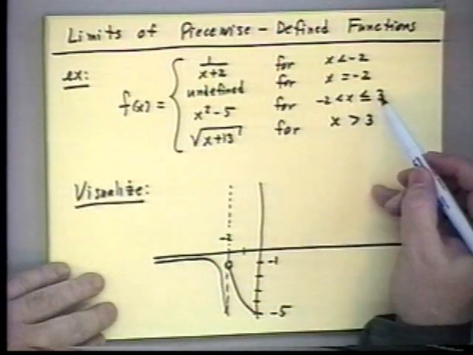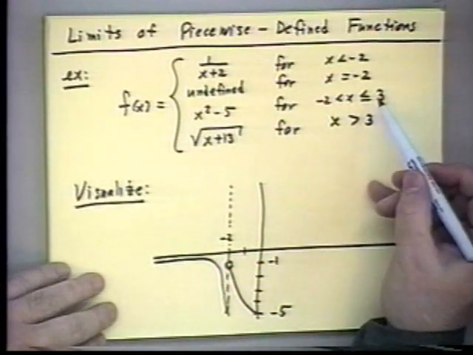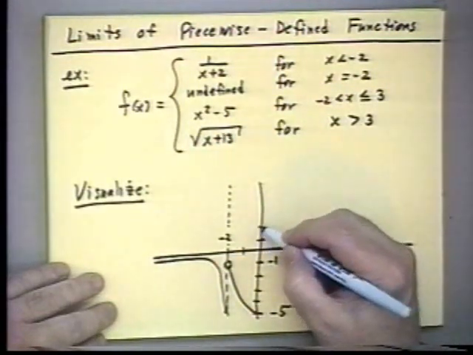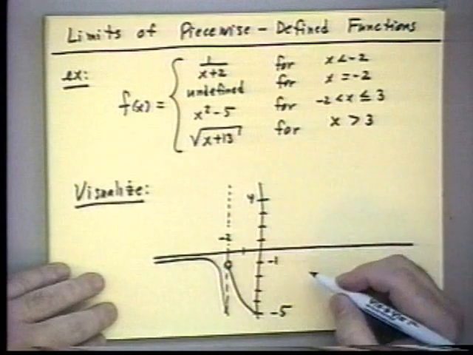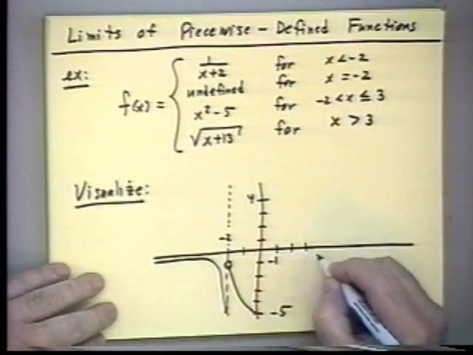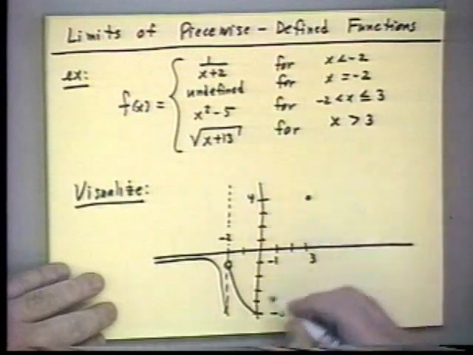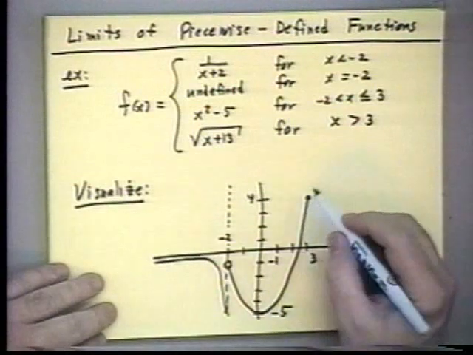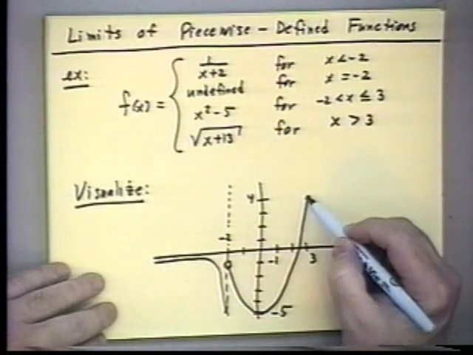And at its other end, 3 is included. So if I put 3 in here, 3 squared minus 5 gives me 4. So I come up here to 4. And so I will have a value of the parabola at 3, 1, 2, 3, at a height of 4. And so I can go ahead and run the parabola up like this. And since this is a piecewise function, it actually ends there.